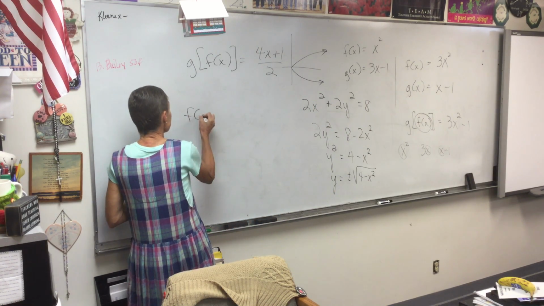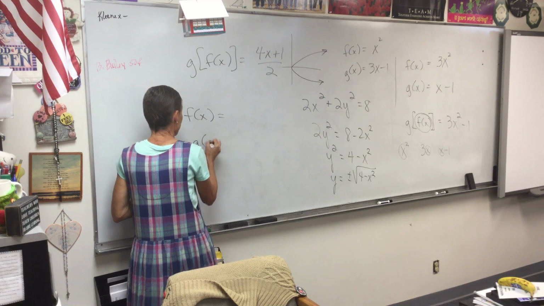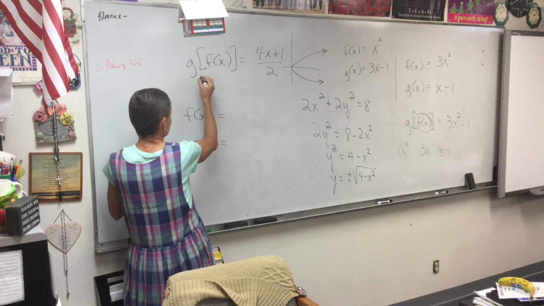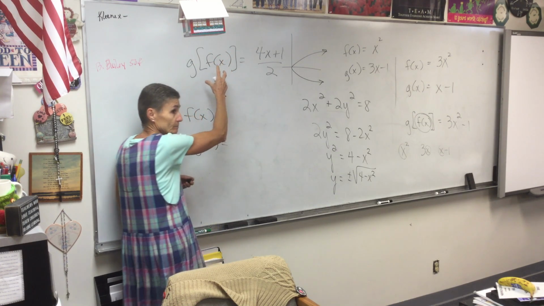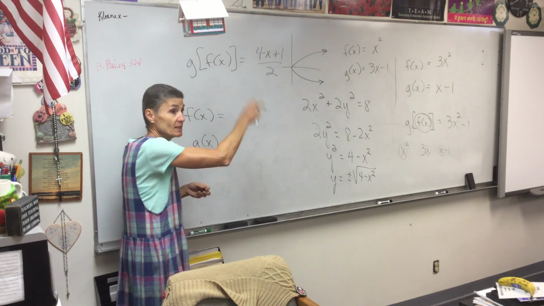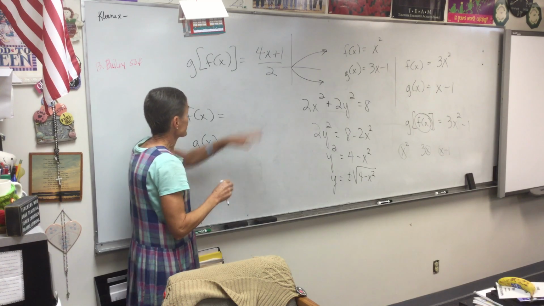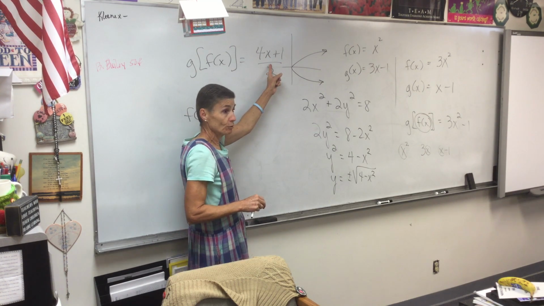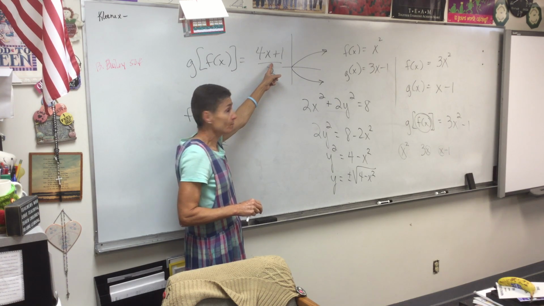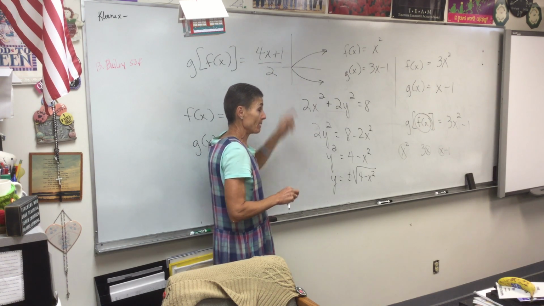Now, it's really important, kids, that you stay organized, because if it's g of f of x, f has to come first. Right? F does the first things. All right, so look at your problem. What needs to be done in this problem? You need to multiply by 4, add 1, and divide by 2.